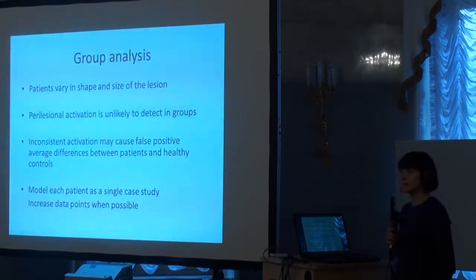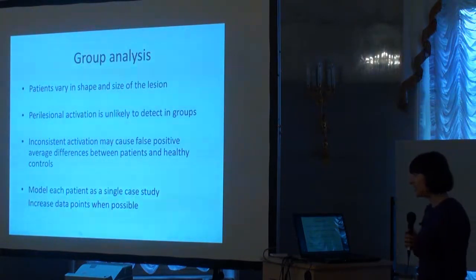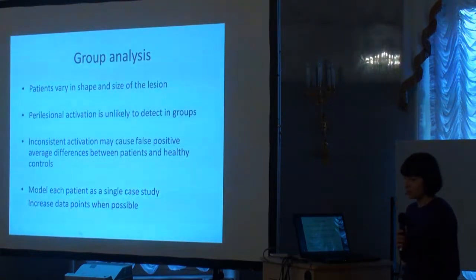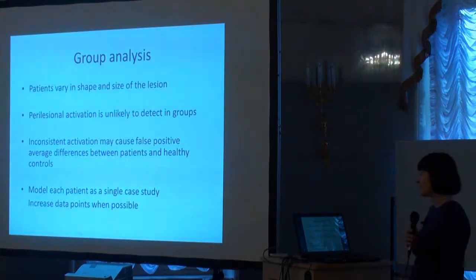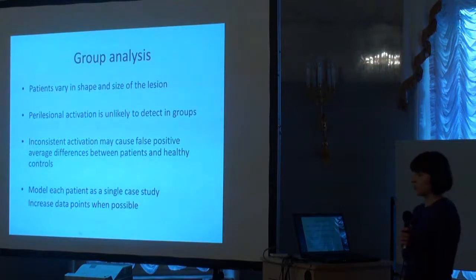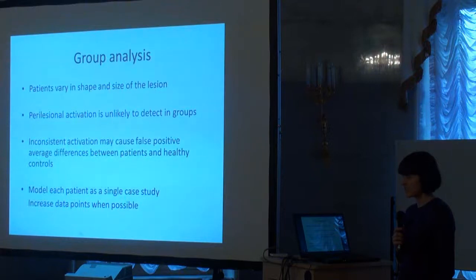Group analysis is a very sophisticated matter, because even if you make a group of patients with very similar lesions, say your target is the inferior frontal lobe, Broca's area, patients still vary in shape and size of the lesion. It is extremely individual, and you will never be able to find patients with exactly the same lesion.